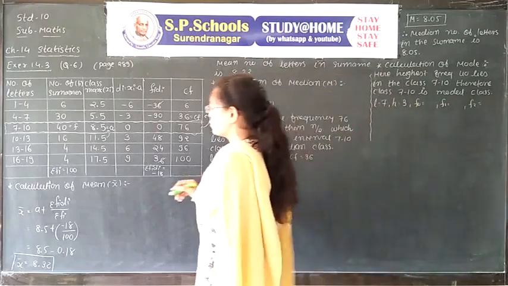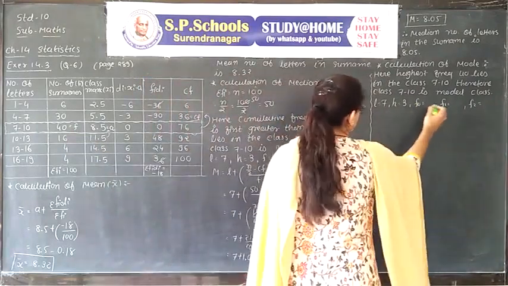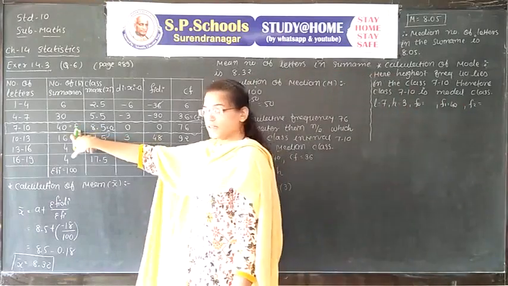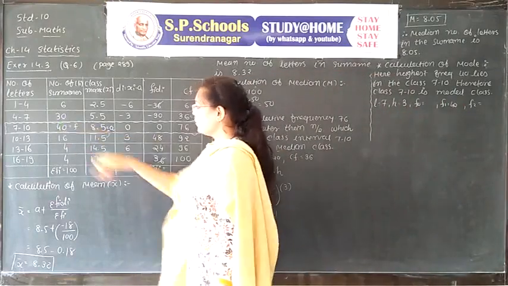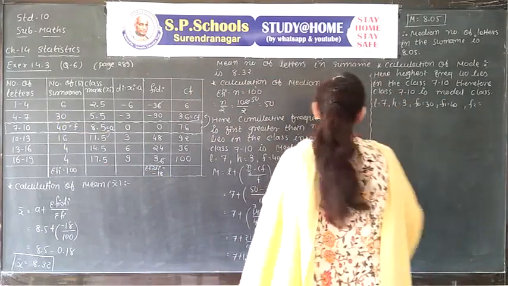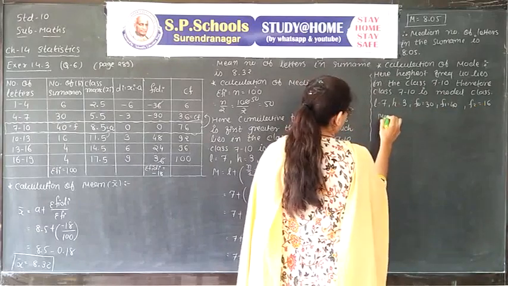F1 is equal to the highest frequency, meaning the frequency of the modal class, 40, because 7 to 10 is the modal class. Its previous is 30, which is F0, and its succeeding is 16, which is F2. Now we apply the formula to find the mode.